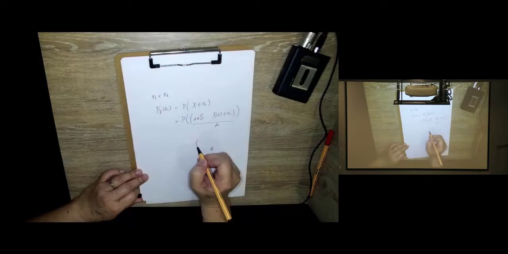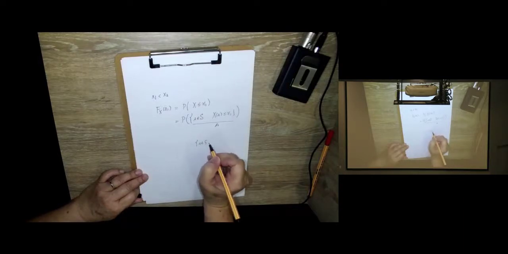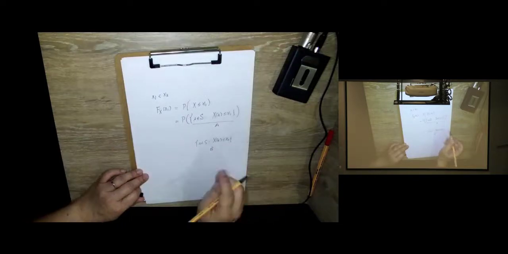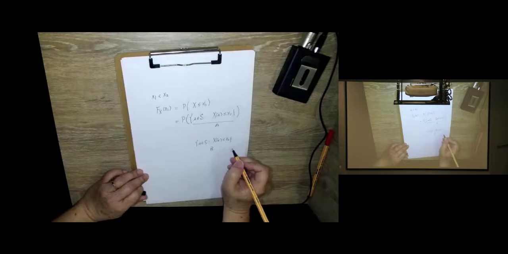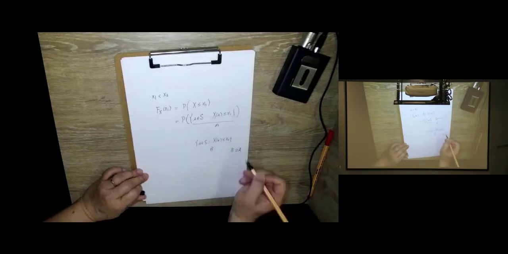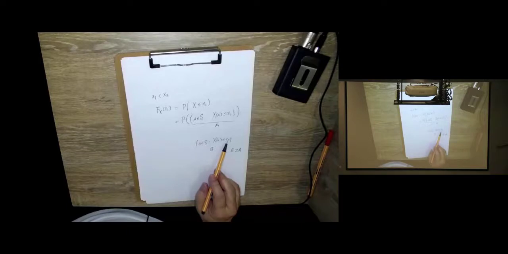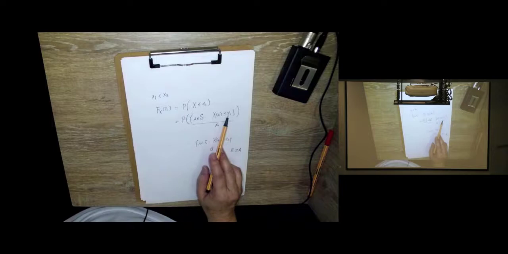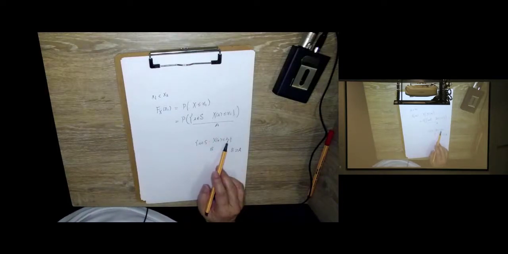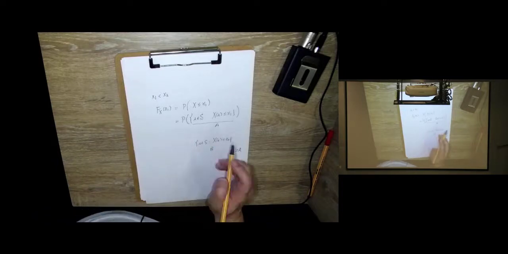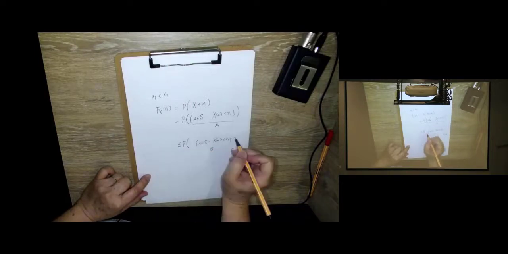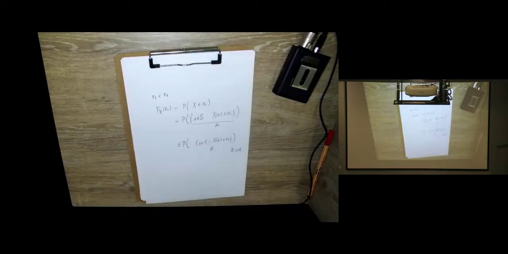B is this. The event B is a bigger set than A because this is a bigger number. If your random variable value is less than or equal to small x1, it follows that it has to be less than or equal to x2. So as a result, this is a bigger set. And we know that bigger event, bigger probability. All right, so we have this.